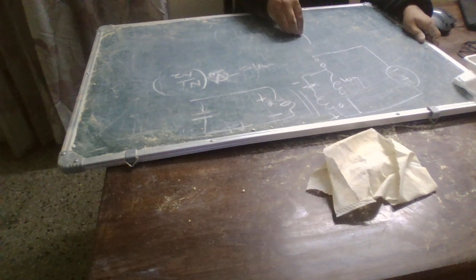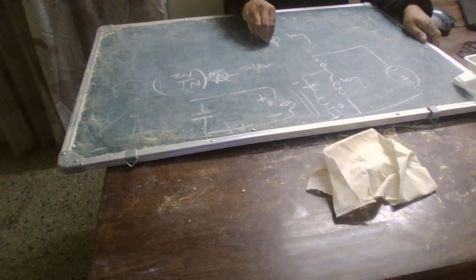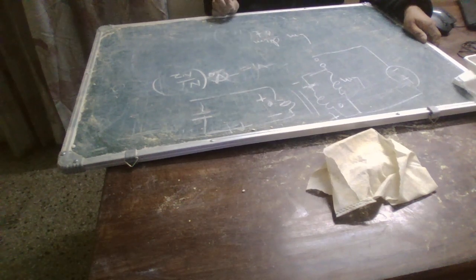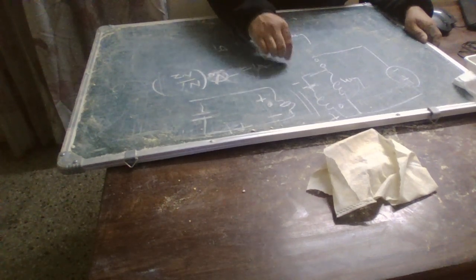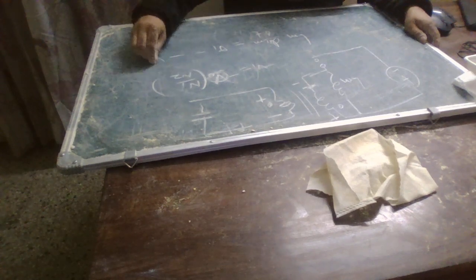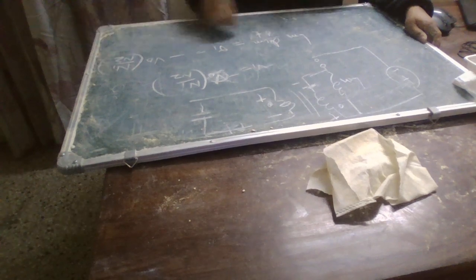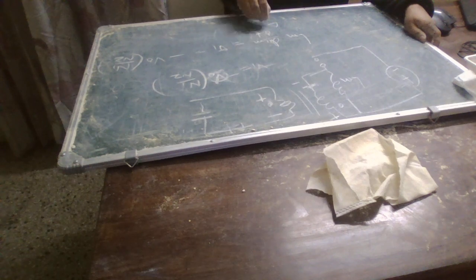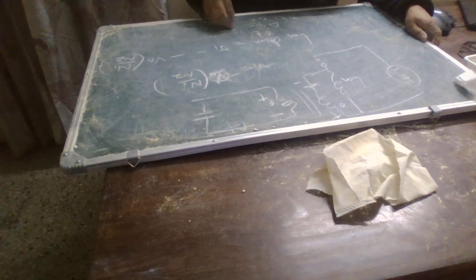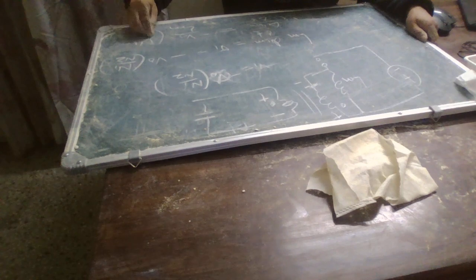Now we know this will be equal to Lm di by dt, and the current here would be ILm only, because we are talking of a magnetizing inductance. That is going to be equal to V1, and V1 I have already said is minus V0 N1 by N2. So we can equate both equations, and we can put delta ILm upon delta T, which gives minus V0 upon Lm times N1 by N2.